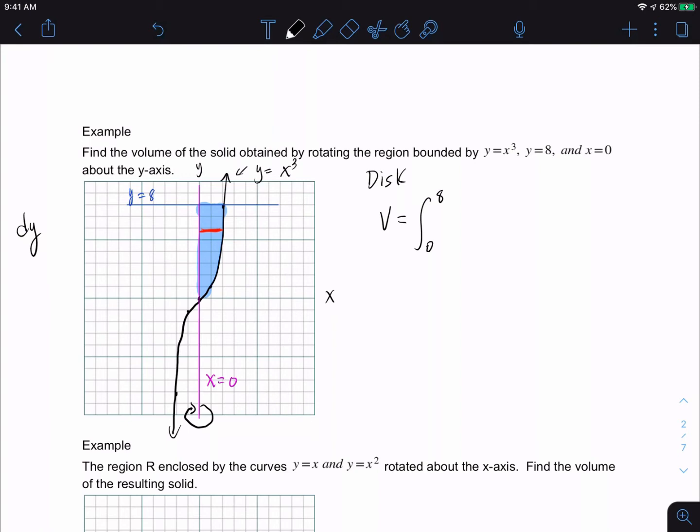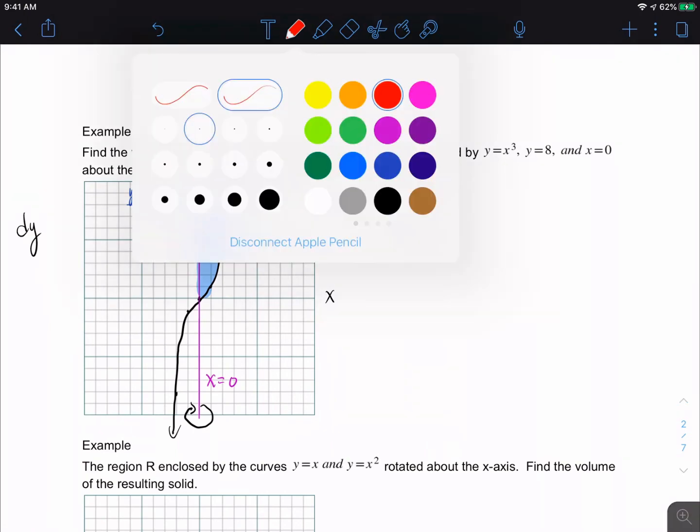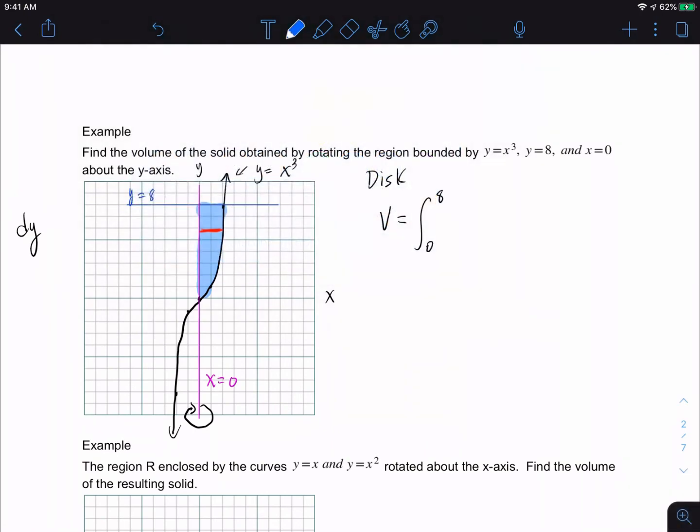So we have to do it in terms of y. And just so you guys can see the picture of what's happening, this thing is going to form, and actually I'll do it in blue, that circle that's occurring there, stacks of them.